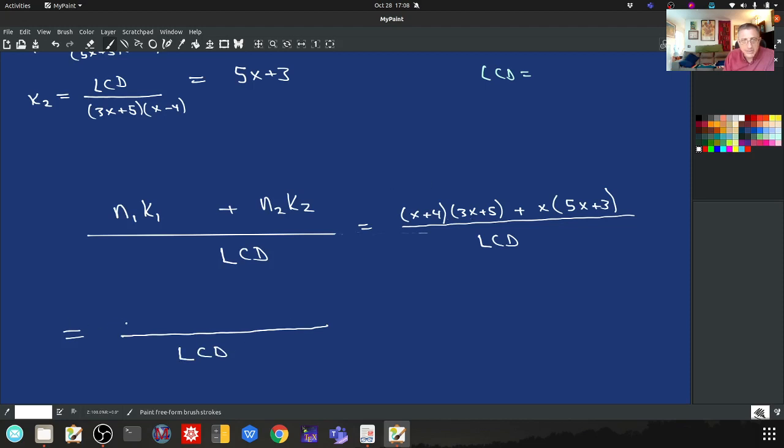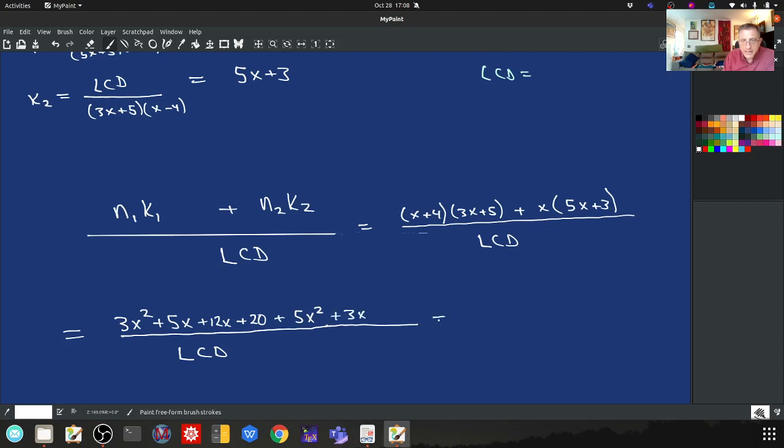x times 3x is 3x squared. x times 5 is 5x. 4 times 3x is 12x. 4 times 5 is 20. I might need some more space. x times 5x is 5x squared, and x times 3 is 3x.